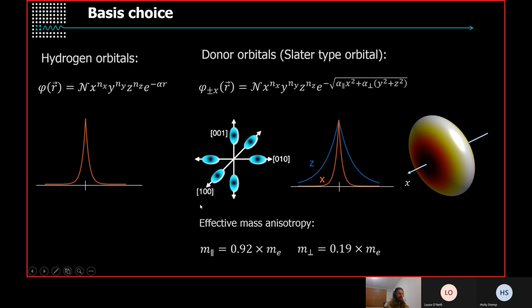But here we have one crucial difference, namely that in these valleys, the motion along the valley has a different effective mass than the motion perpendicular to the valley. So this means that we expect our electrons to be much more confined in the direction along the valley than the direction perpendicular. And what we need are anisotropic Slater type orbitals, an orbital like here, where you have a different decay constant along the valley than perpendicular to the valley.